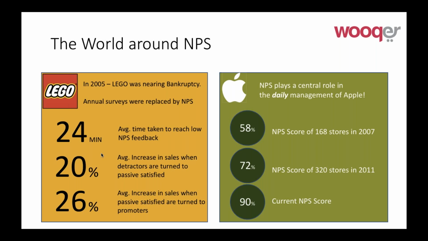So it goes to say that Apple is a testimony of NPS score being used at scale and being able to deliver world-class customer experience at scale. At 320 stores, Apple's NPS score was 72%. Today, Apple has a worldwide benchmark of 90% customer satisfaction.